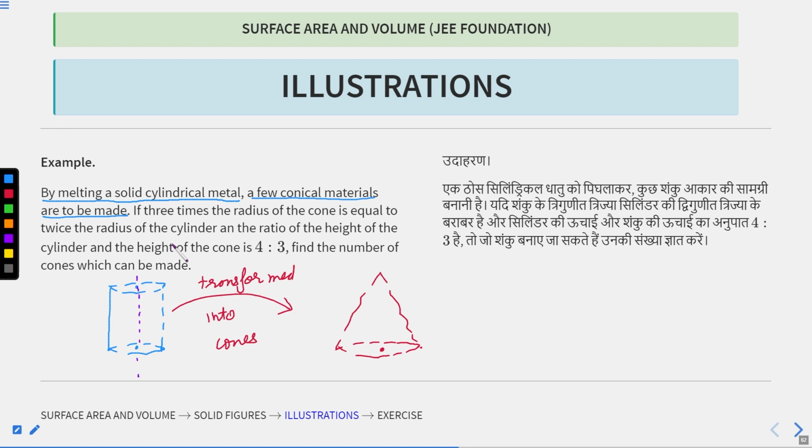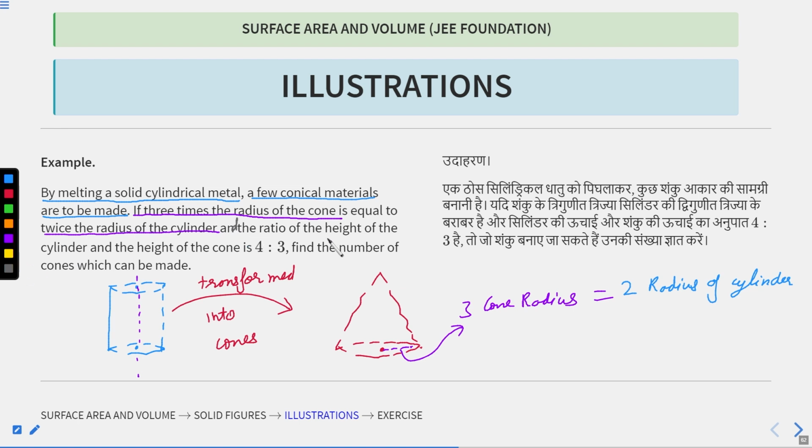Now, three times the cone radius is equal to twice the radius of the cylinder. I hope this statement is clear.